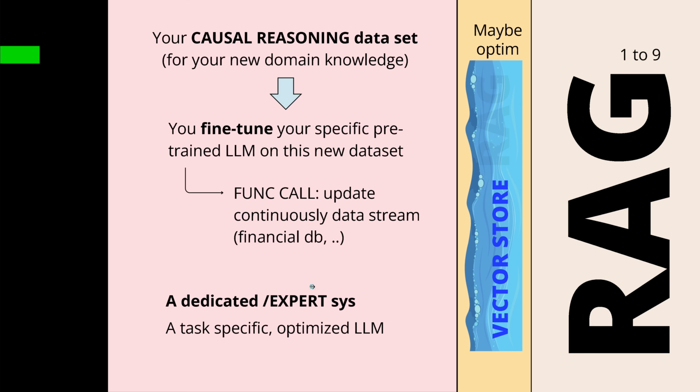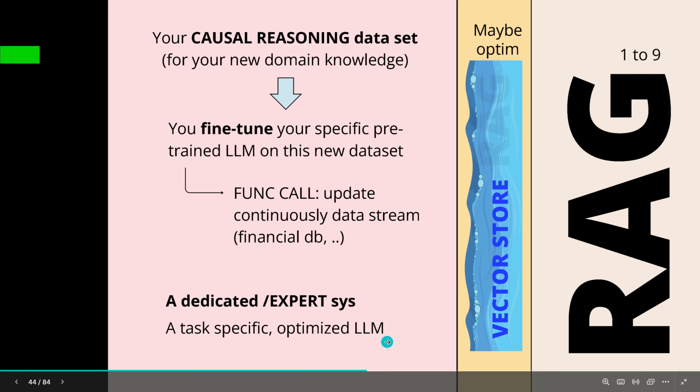You see, this is what I call a dedicated system or an expert system that is maybe focused only on one task, let's say finance analysis. You do not need the contents of the vector store about recipes or what is happening in Hollywood or what is the latest in US policy regarding, I don't know, what topic. You would have a dedicated financial LLM that has extreme performance, a task-specific optimized LLM.